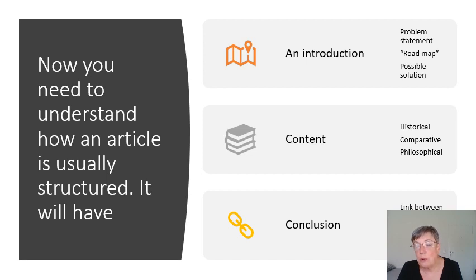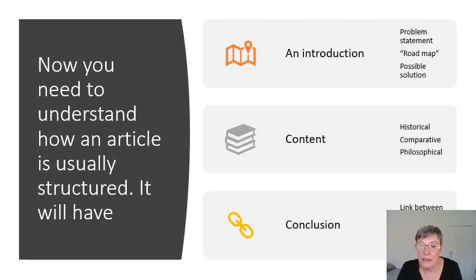It will start with an introduction, and the introduction is really important because it will tell you what the problem statement is. In other words, why did this person write this article to begin with? What is the problem he or she is trying to address?